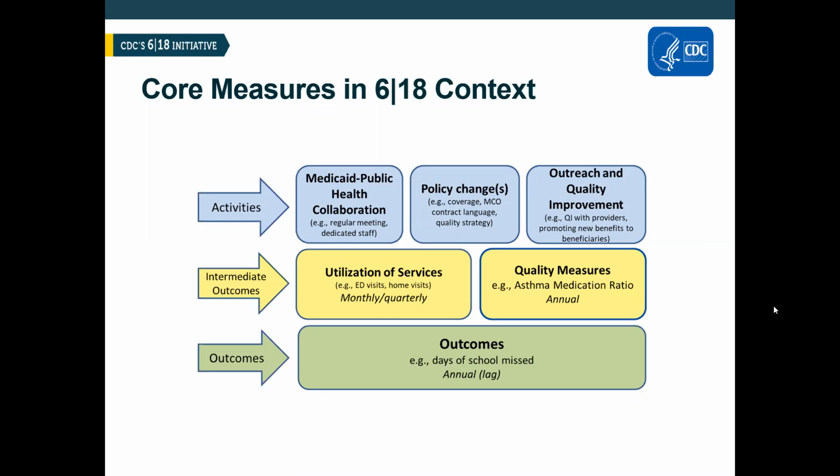For intermediate outcomes, some key ones to consider include whether you're seeing an increase in screenings, assistance or advisement to quit, an increase in referrals, increase in utilization of covered cessation treatment, and potentially also an increase in use of the quitline.